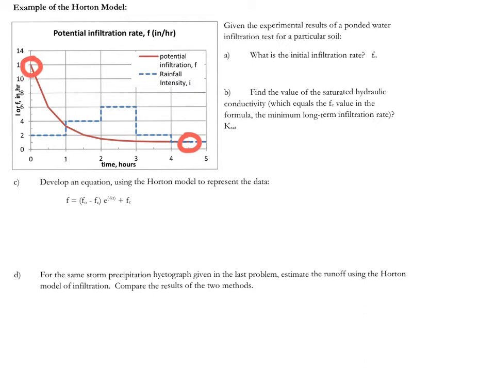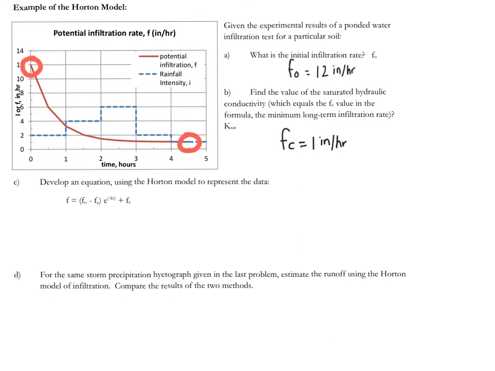So the answer to part A is F sub O is equal to 12 inches per hour. Again, we read that right from the figure. And for part B, F sub C is equal to 1 inch per hour.